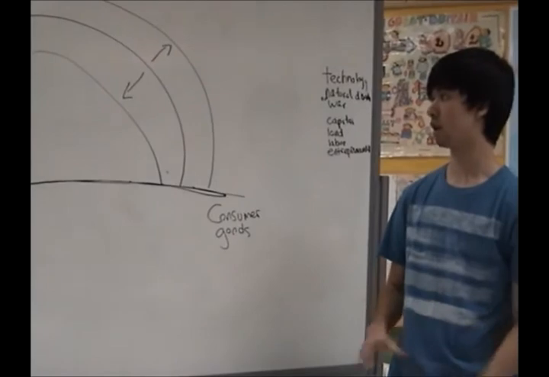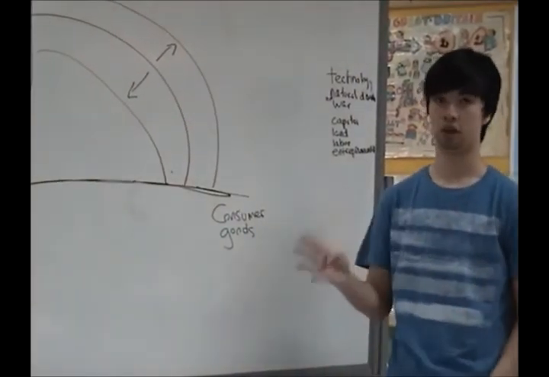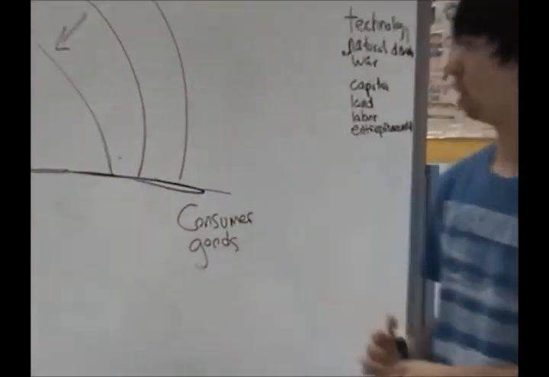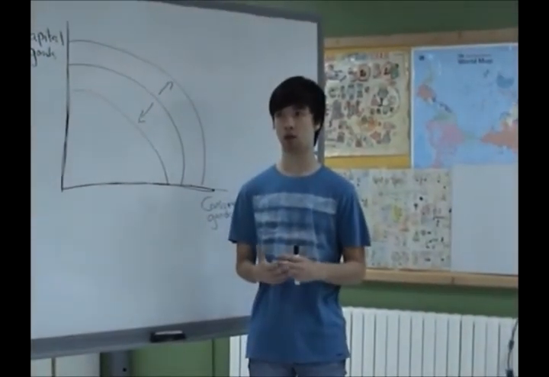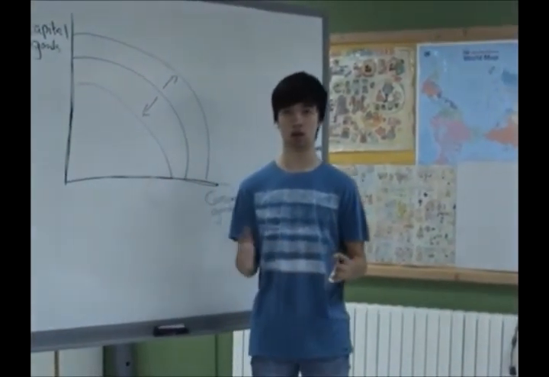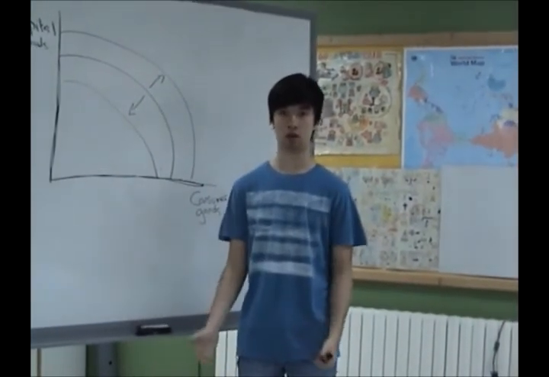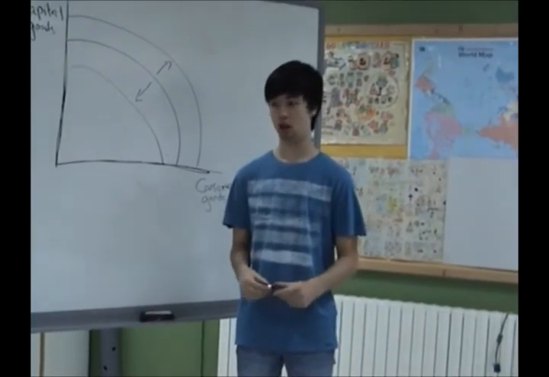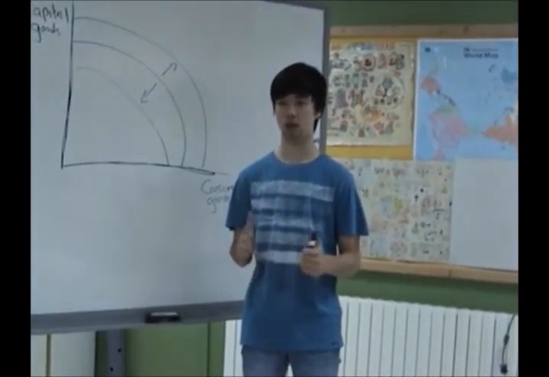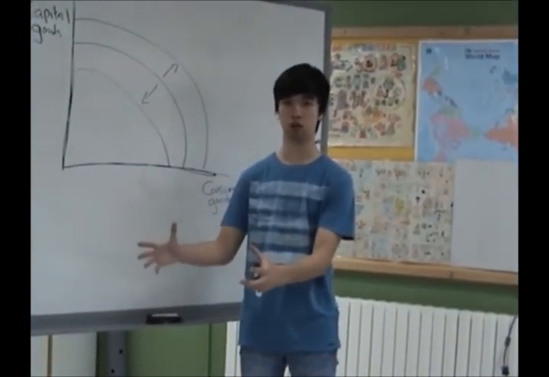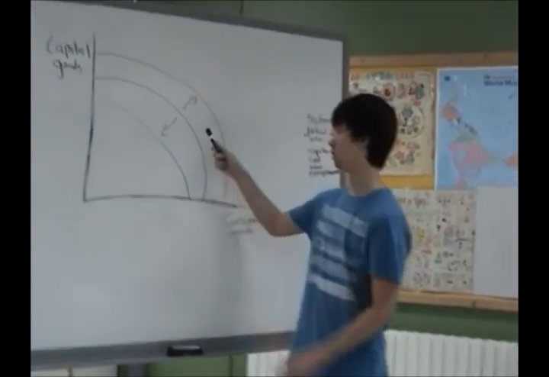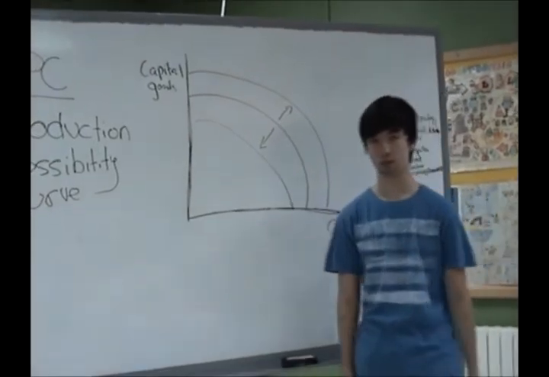But what mostly affects the PPC are four things: land, labor, capital, and entrepreneurship. So basically capital are like goods that are used in the production process, like tools, machinery, or buildings. So let's say a company buys a new machine, that would increase their productivity, and that would shift the PPC to the right.